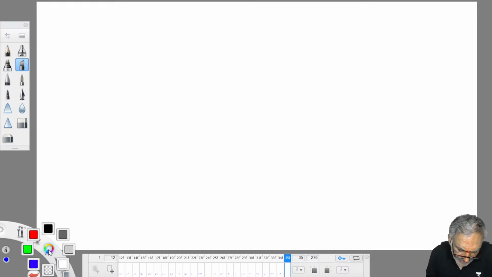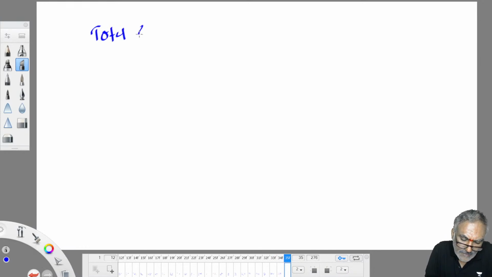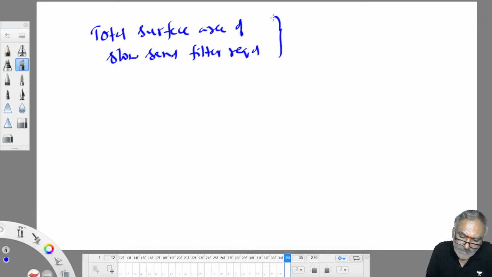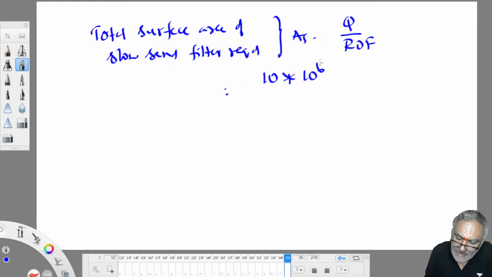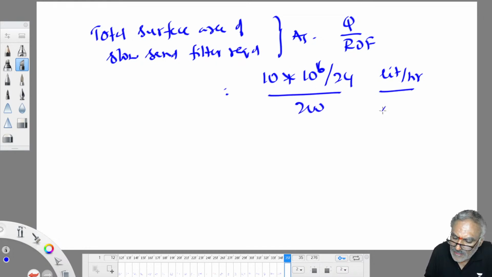The first step: total surface area of slow sand filter required is equal to Q by rate of filtration. This Q is given in million liters. Million liters converted into liters is 10 power 6 liters per day. To convert this into liters per hour, divide by 24. Then it becomes liters per hour divided by 200, and 200 is also liters per hour per meter square. So liters per hour cancels liters per hour, and you get the answer in meter square.